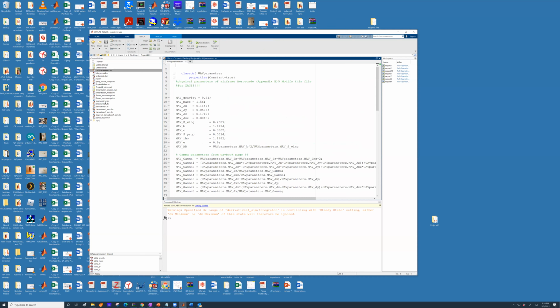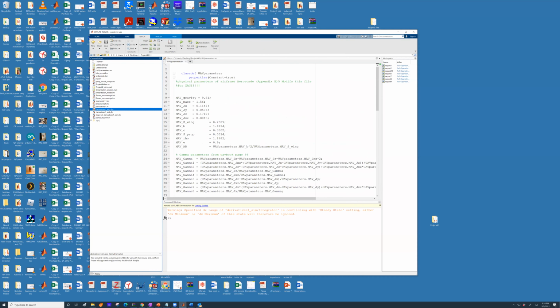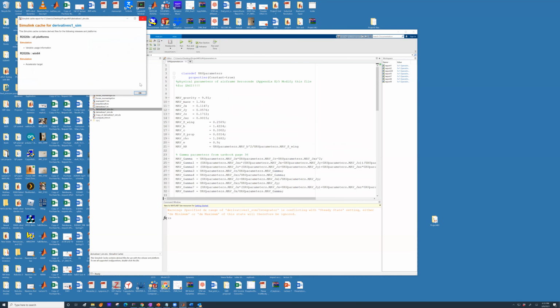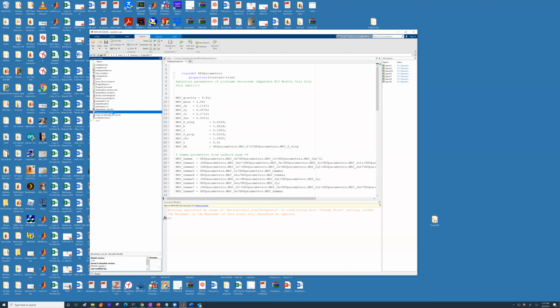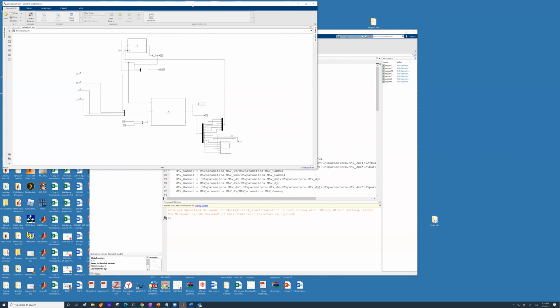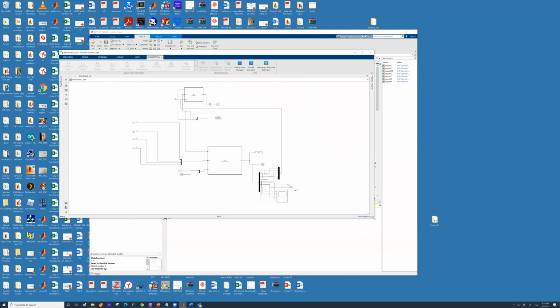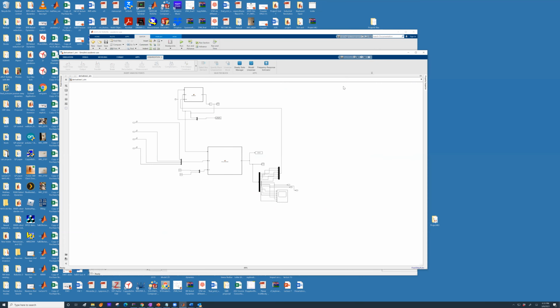Then I'm going to open the same file, which is derivatives 1 sim SLX. So this is the exact same file that we shared. And if you are with me, I would encourage you to take a look at this file.